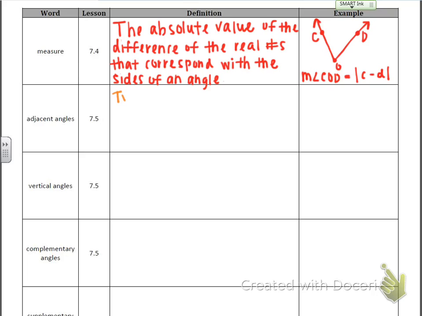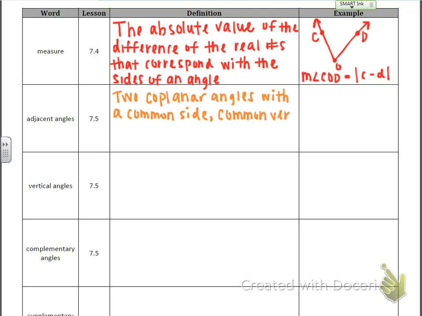So we would say two coplanar angles with a common side, a common vertex, and no common interior points. So they don't overlap.